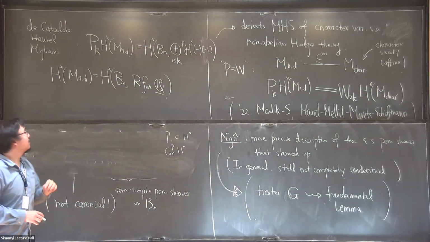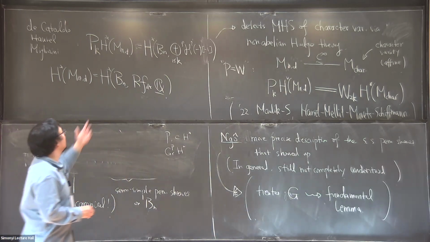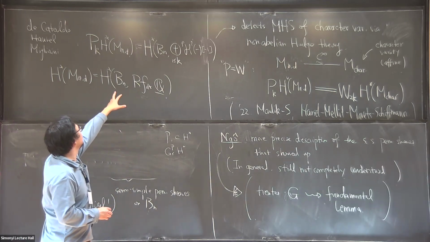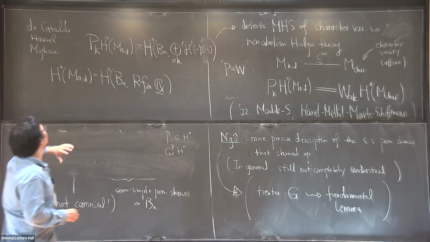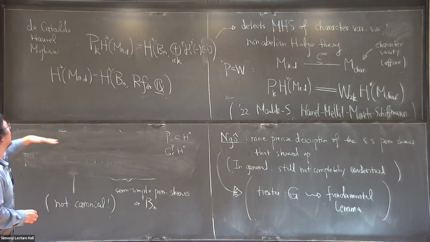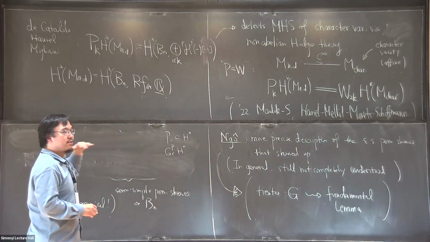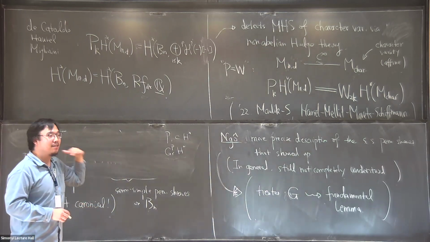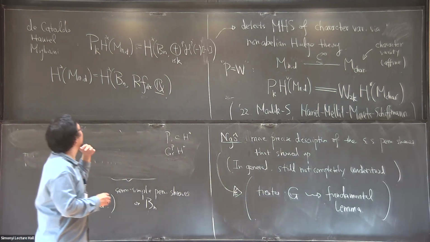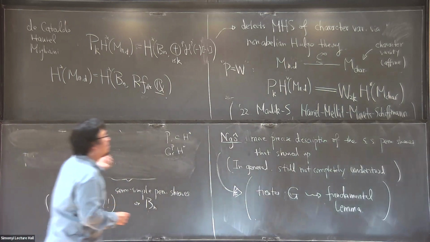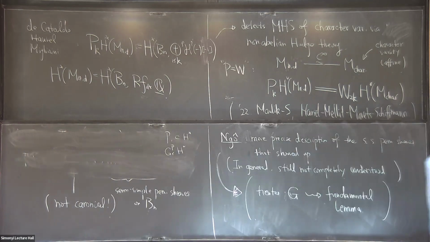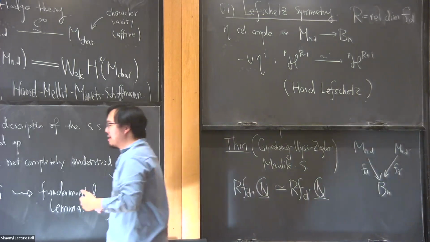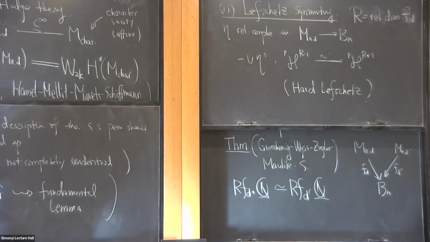In general, the decomposition theorem is not canonical. Cohomologically, you can think of it as a universal way of saying that the spectral sequence degenerates at E2. So that's by no means canonical, but there are attempts. If you add extra data, like an eta, then you can make it canonical, or quite canonical.